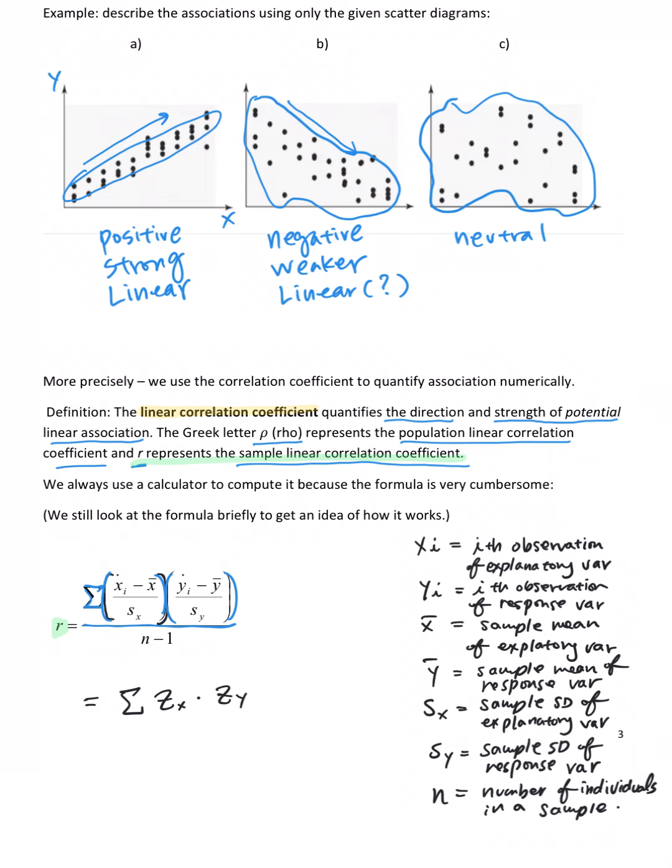Remember the z-score formula? That's data minus mean divided by standard deviation. So this is the z-score for the explanatory variable, and this is the z-score for the response variable, and then divided by n minus 1.